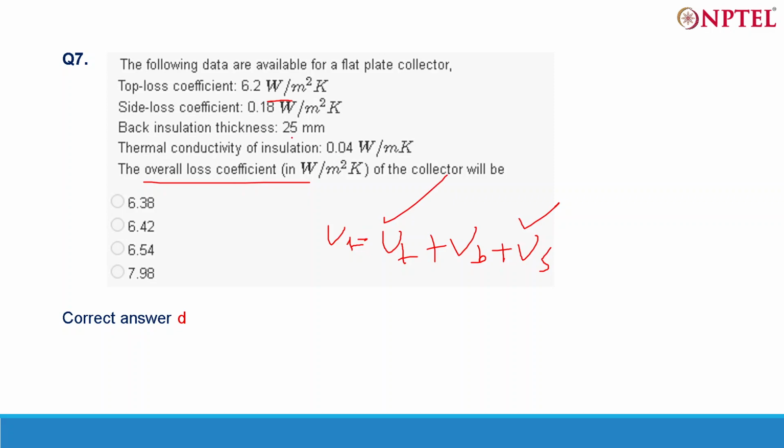You need to calculate the back loss coefficient, that is K upon L, 0.04 upon 25. Okay, so I convert it, and that's how you get the values. So the correct answer is 7.98.